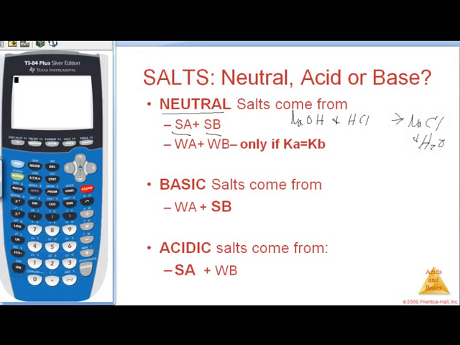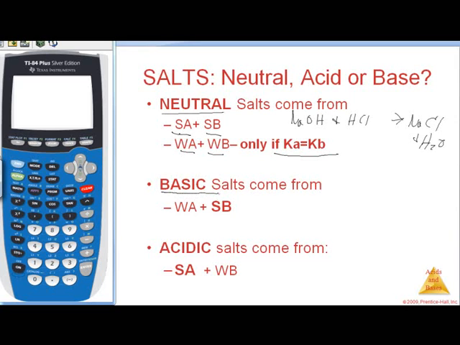So this would be a neutral salt. We can also get neutral salts if we have a weak acid and a weak base, but only if their Ka and Kb are equal. So you're not going to see many questions like this on the exam. You might see a question that says which of the following salts are neutral, and most likely you're going to find those that are made from strong acids and strong bases.